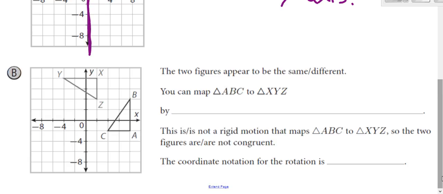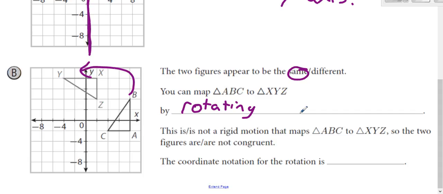Two figures appear to be the same. So how can we map triangle ABC onto XYZ? That looks like that would be a rotation. We're going that way, so that's counterclockwise.